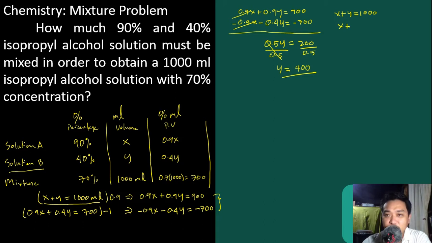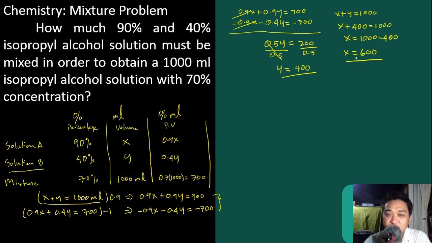X plus the value of y, which is 400, is equivalent to 1,000. X is equivalent to, let us transpose positive 400 to the other side. That will become negative, right? So we have x is equivalent to 1,000 minus 400. Of course, that is 600.